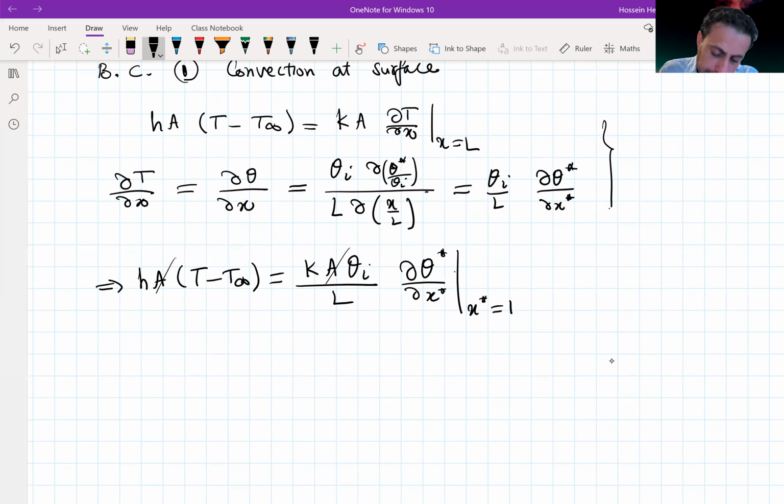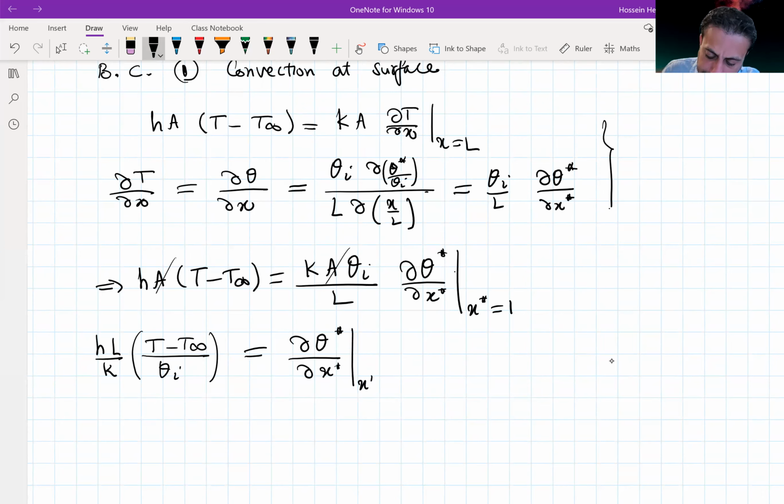And this one is going to just cancel out here. So if I do the rearrangement here, (T minus T infinity) divided by theta i, this is the definition of theta star, or dimensionless temperature. We have hL over k equals d theta star over dx star at x star equal to 1. This is theta star.